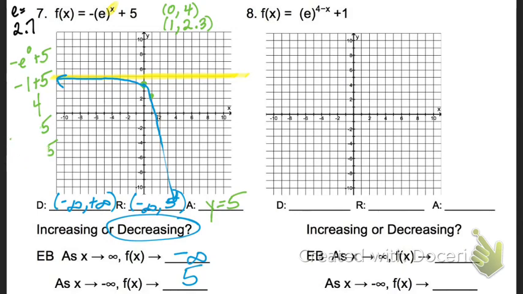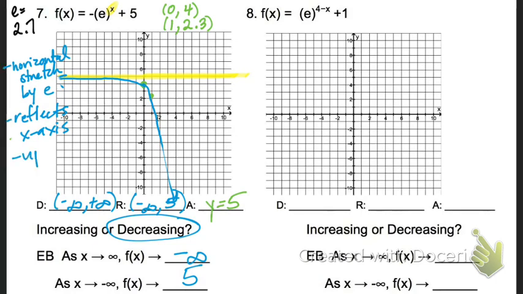Easy. Transformations. Horizontal stretch by e. Don't put 2.7. I like e better. Reflects over the x-axis. And last one is up 5.